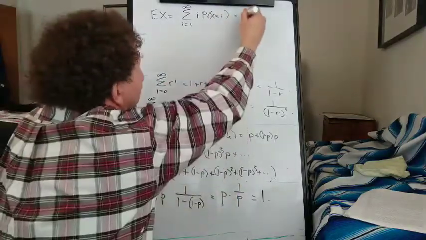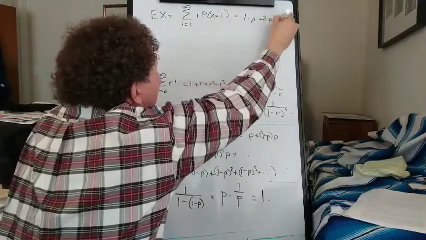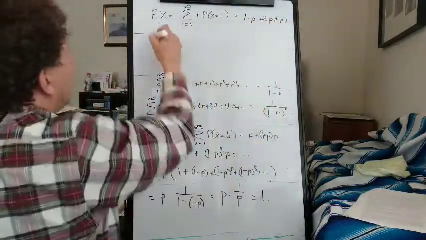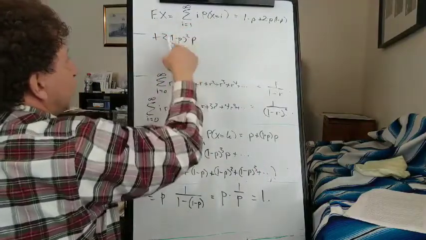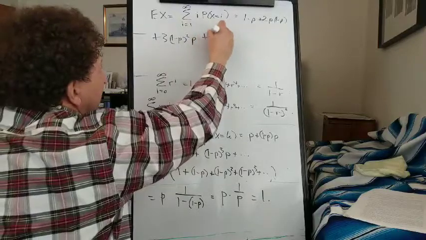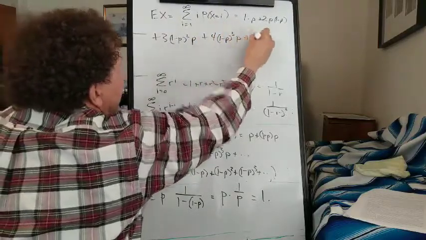So 1 times p, plus 2 times p(1 minus p), plus 3 times (1 minus p) squared p, 2 failures and a success, plus 4 times 3 failures and a success.